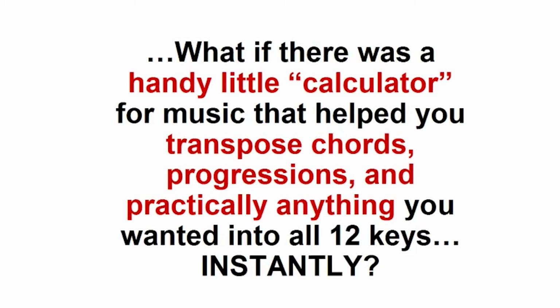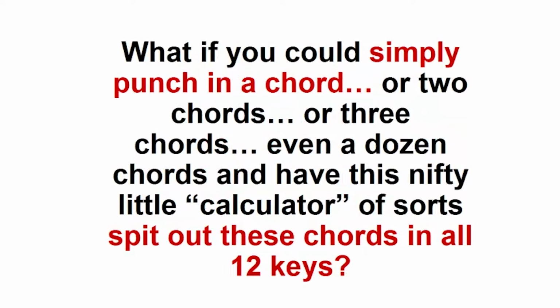So what if there was a handy little calculator for music that helped you transpose chords, progressions, and practically anything you wanted into all 12 keys instantly? What if you could simply punch in a chord or two chords or three chords or even a dozen chords and have this nifty little calculator of sorts spit out these chords in all 12 keys?